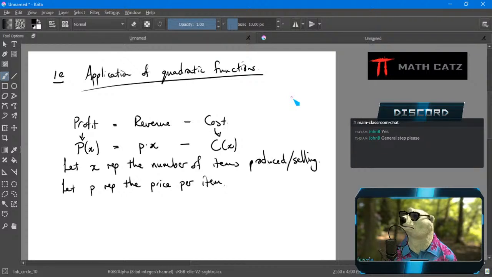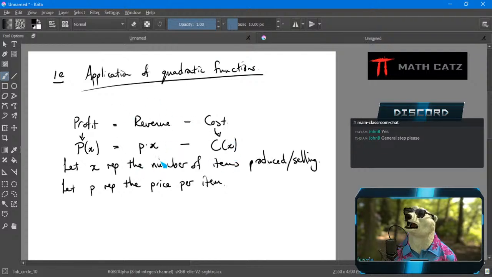So think about profit. You're selling an item, but it's costing you something to make that item. How much money are you actually getting? The amount of your profit is how much money you get from selling it, take away how much it cost you. That's actually what you make. So the cost is given directly. It changes depending on how many items I'm making, sure, but it's a cost.